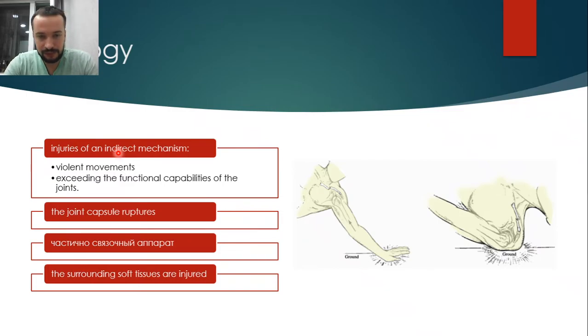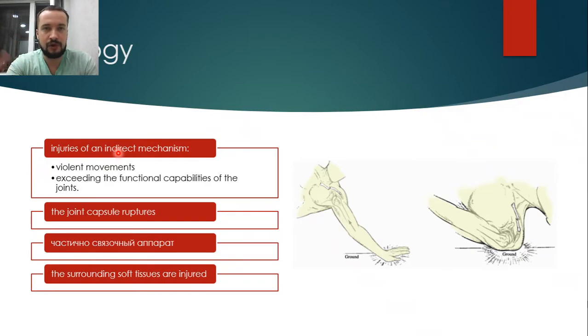Okay. Etiology. The cause of dislocation is most often injuries of an indirect mechanism. And guys, please try to remember it, because in every dislocation topic you will hear indirect mechanism.